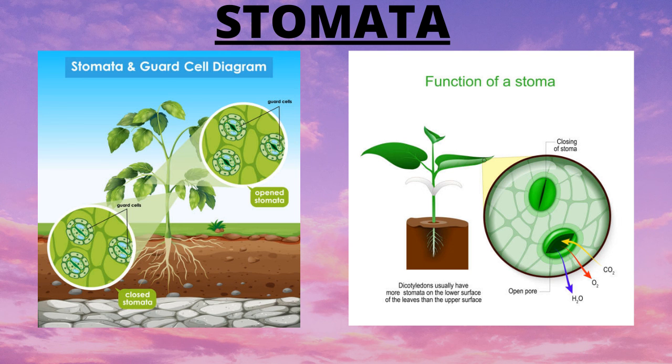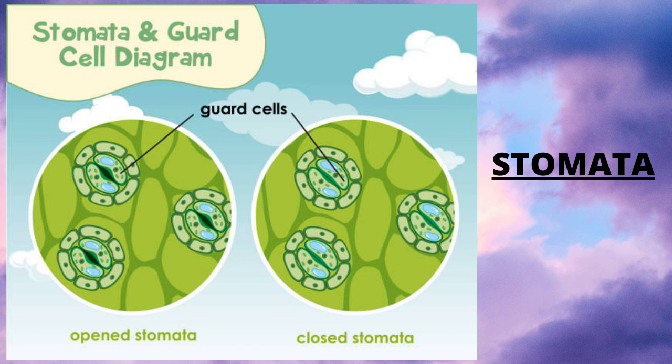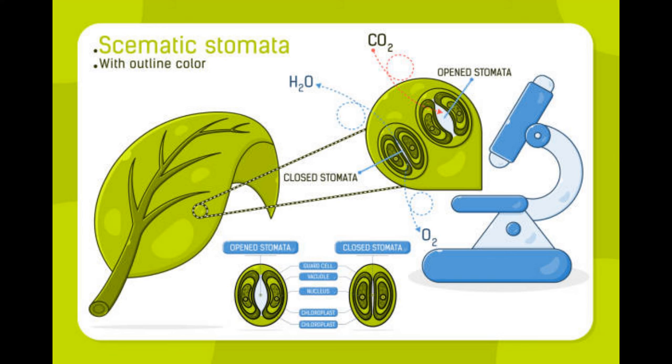The epidermis of the leaves contain tiny openings or pores called stomata. The singular form of stomata is called stoma. The stomata is covered by kidney-shaped guard cells on either side. The guard cells contain chloroplast, and these guard cells play an important role in photosynthesis.